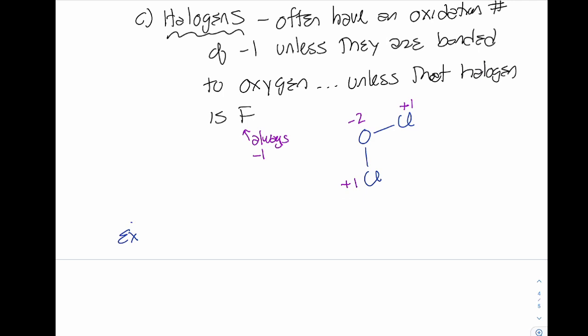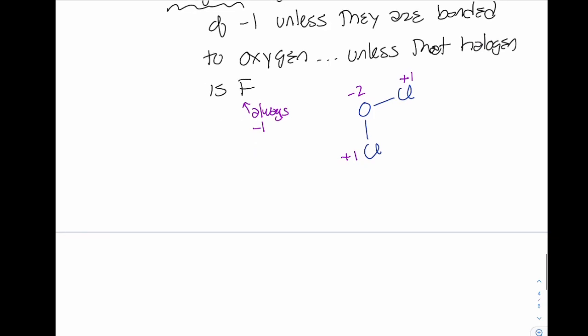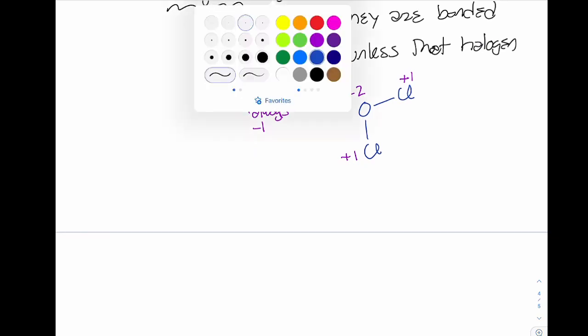So I just want to do a couple more examples. Actually, let's do an entire reaction, and then we'll do the examples as part of our reaction here. So this one's going to be kind of big.